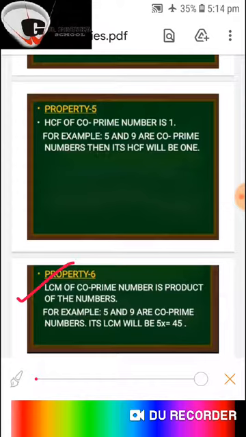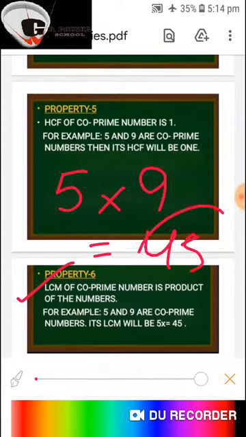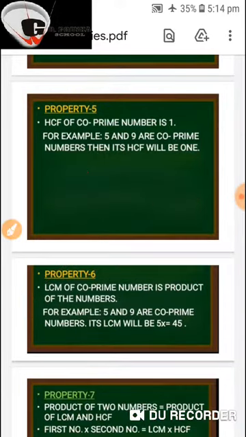For example, if I have the number 5 and the number 9 here, both of them are co-primes. That is, both of them have 1 as a common factor. So we don't have to find their LCM with any of the methods. All we have to do is find the product of these co-prime numbers, and whatever is the product, that is going to be the LCM of the given numbers.